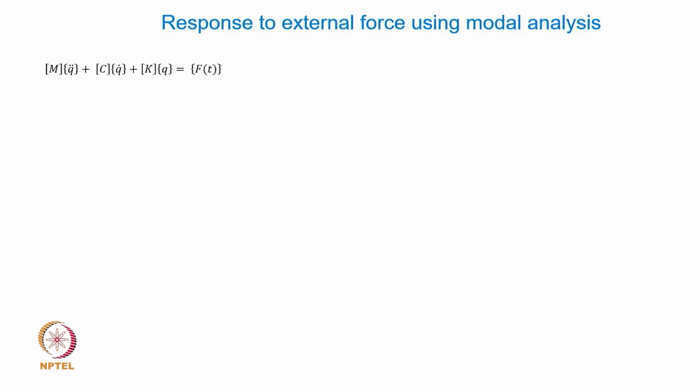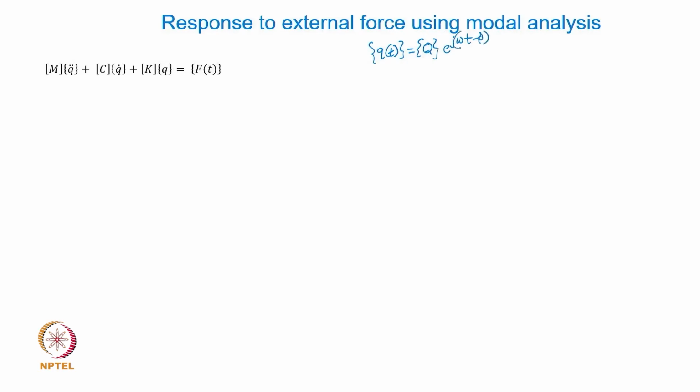Before we go ahead, I thought it would be appropriate to simply say that if I use the assumed solution in the form of q e to the power j omega t, meaning that I have some external q e to the power j omega t, and of course you can add some phase also.